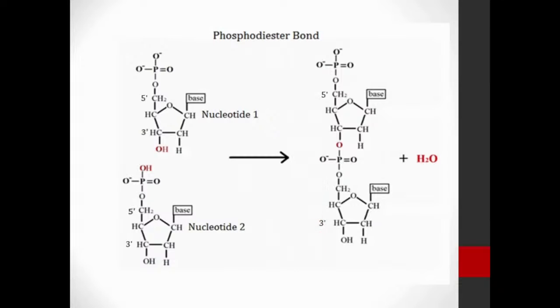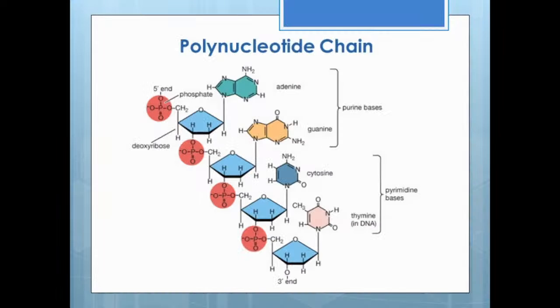If our basics are clear like this, then it will help you understand and retain the structure of DNA very well. With the help of this diagram, we will now understand the structure of a polynucleotide chain in detail. Here we have shown this polynucleotide chain, and this is its 5' end with a phosphate group, and this is the 3' end of this polynucleotide chain.